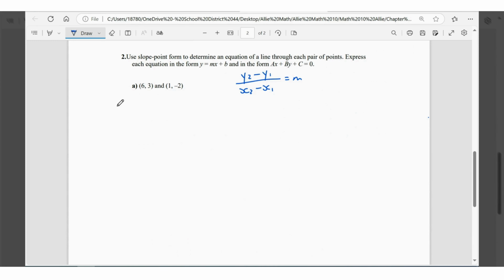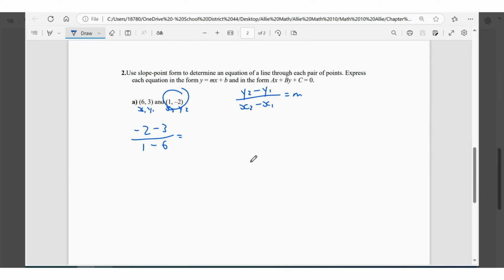So let's find the slope first. This is our x1, y1, and our x2, y2. So let's start with negative 2, subtract 3 on the top. And let's do 1 subtract 6 on the bottom. That's going to be negative 5.